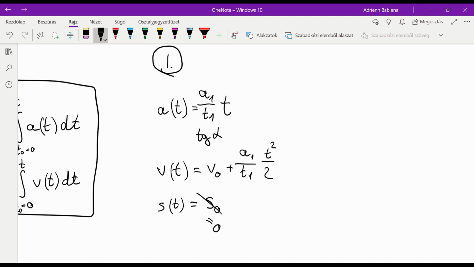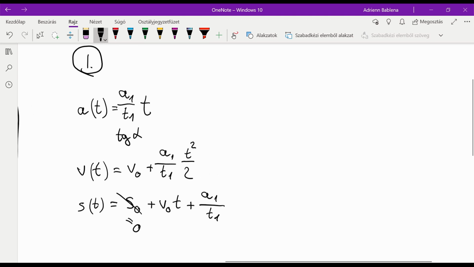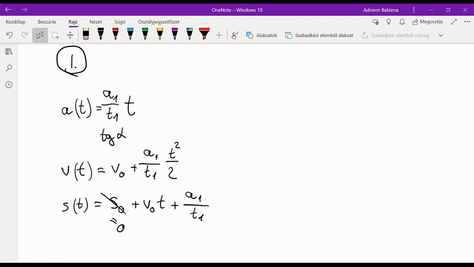This is the constant part plus the integral of the v function, so plus v0 times t and plus a1 over t1 times t squared must be integrated, so it's t to the third.